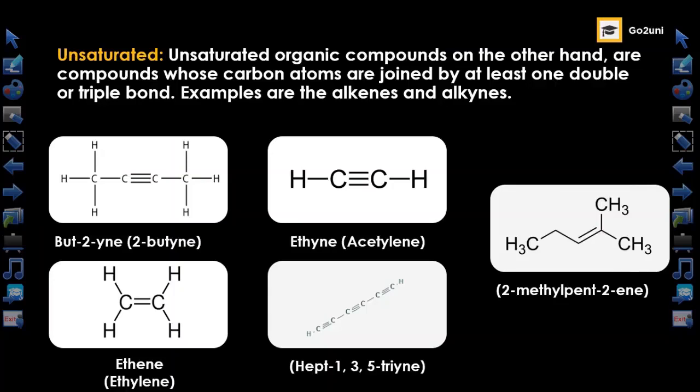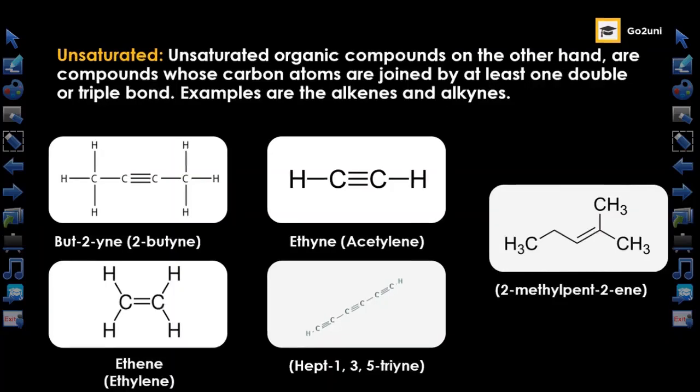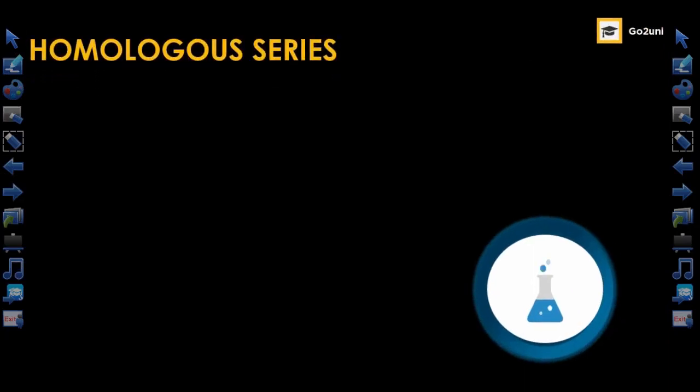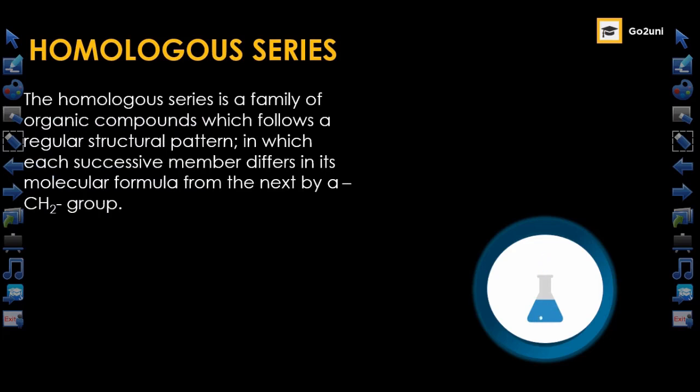So having seen the classifications of organic compounds, we shall now dive into discussing what we mean by the term homologous series. What do we mean by the word homologous series?